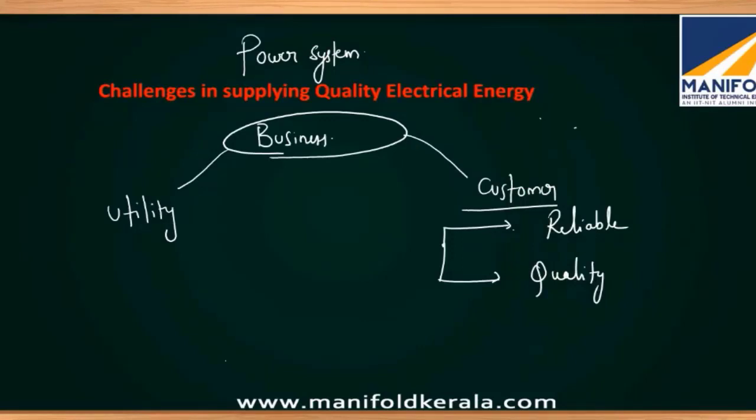And the third feature which he wants is he needs cheap. He requires it at a lower cost. Understand? So what is the first feature that the customer requires from the utility? Reliability. What is the reliability? Uninterrupted power supply.